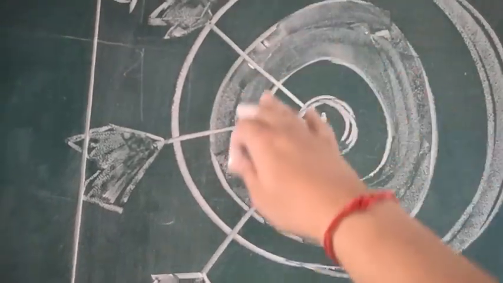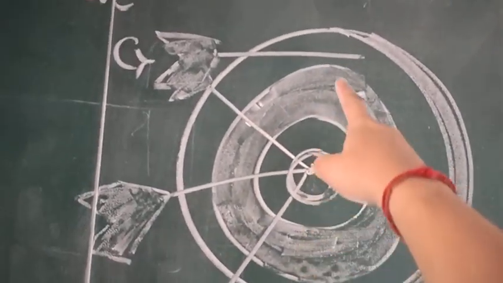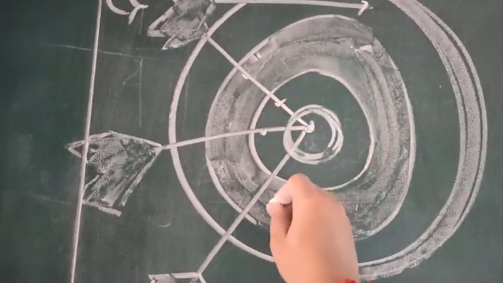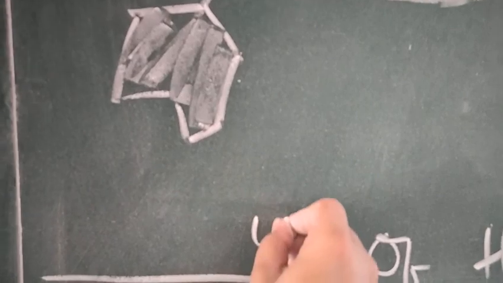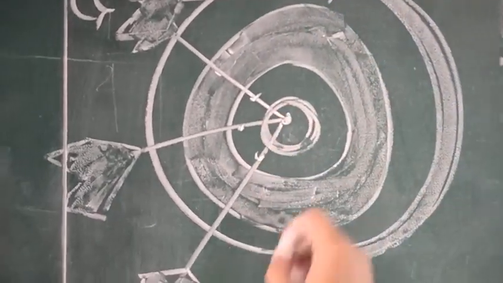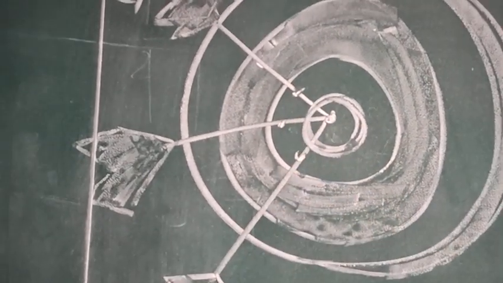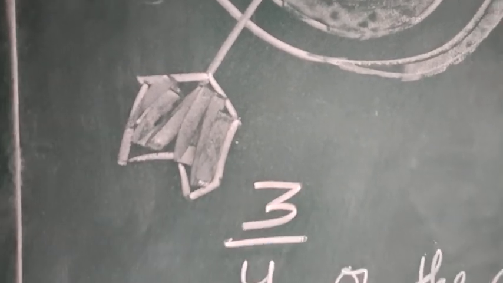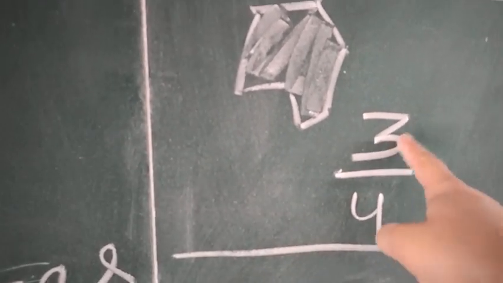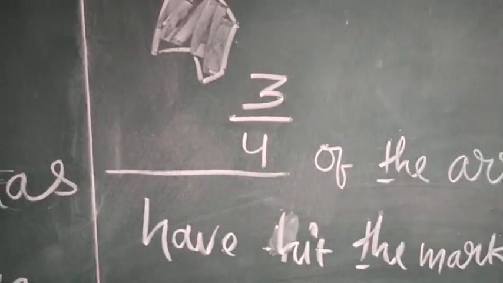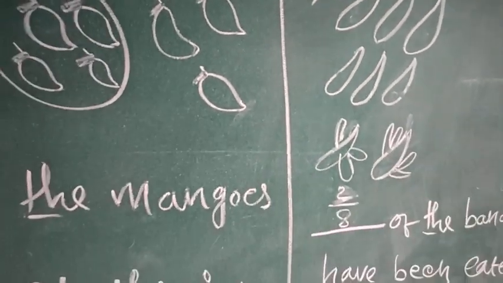Out of these arrows, how many arrows do you have? You can see 1 arrow, another, second, third, and fourth. So the total is 4. Now out of these 4, how many arrows have hit the mark? You can see 1, 2, 3 arrows have hit the mark. So out of 4, 3 arrows have hit the mark. The answer is 3 by 4. So with this, we are over with question number 1 also.